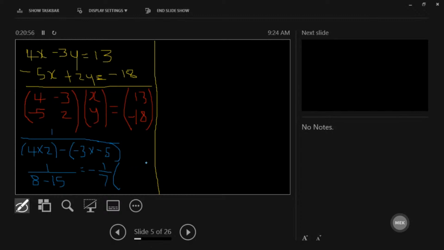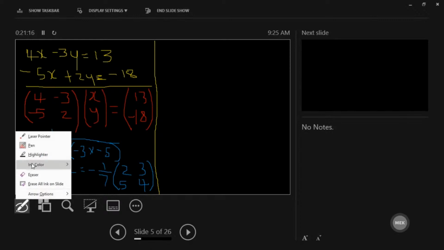And the adjoint, we switch places with the A and D, change the sign of the B and C. So this is the inverse, and we're going to multiply that by these two values here to find our x and y values.